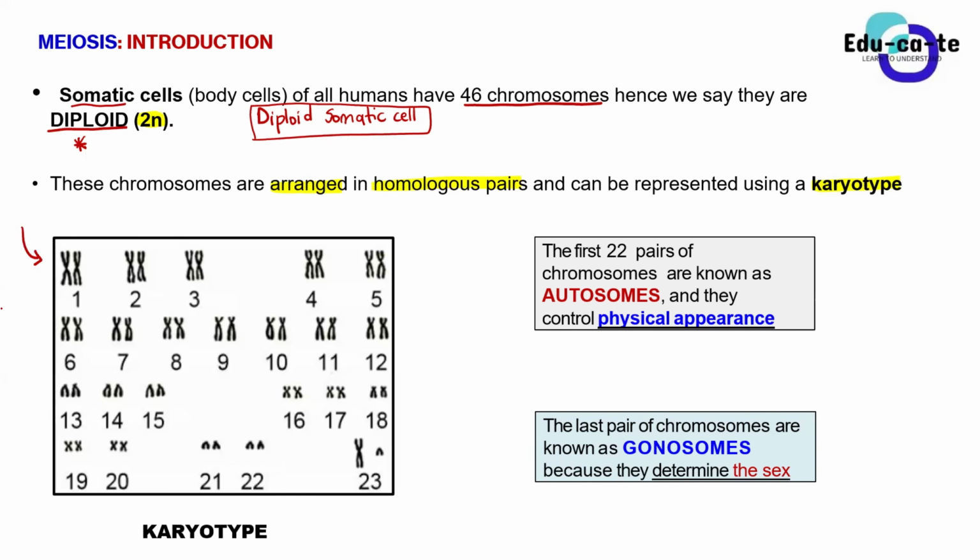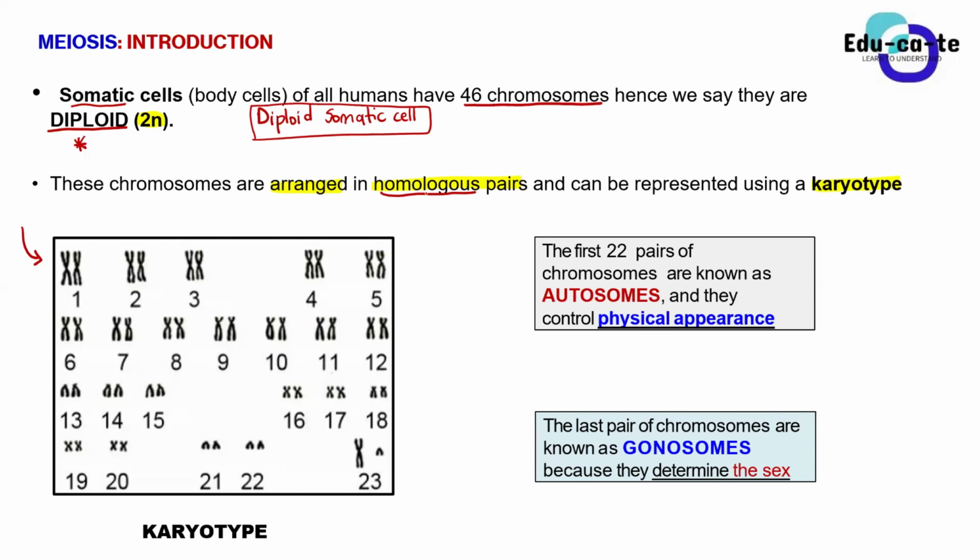So the karyotype is basically a diagram that represents the chromosomes in your body in homologous pairs. These chromosomes are arranged in pairs. We're still going to see what it actually means when we say they are homologous pairs.